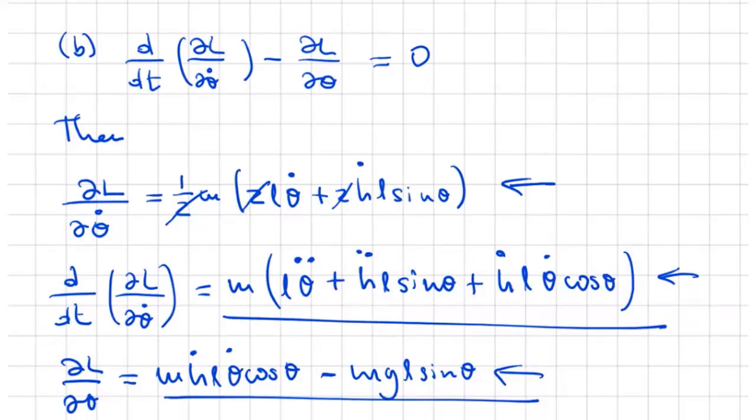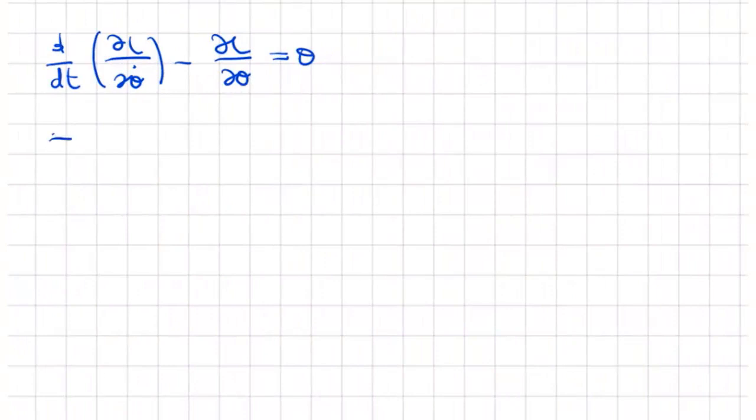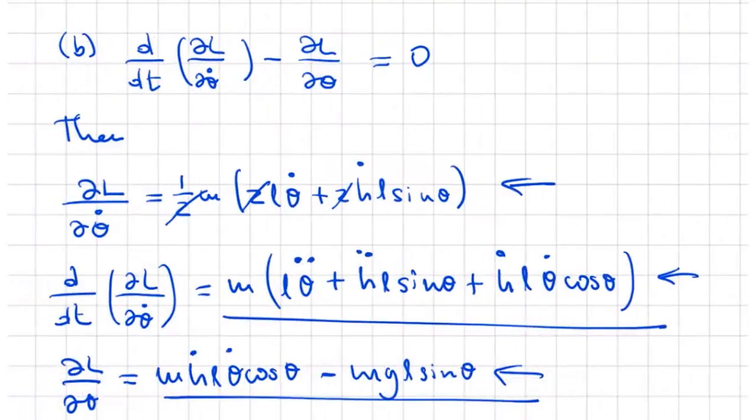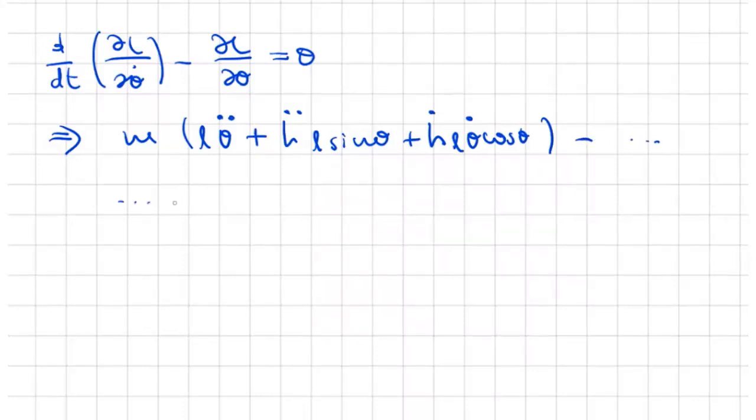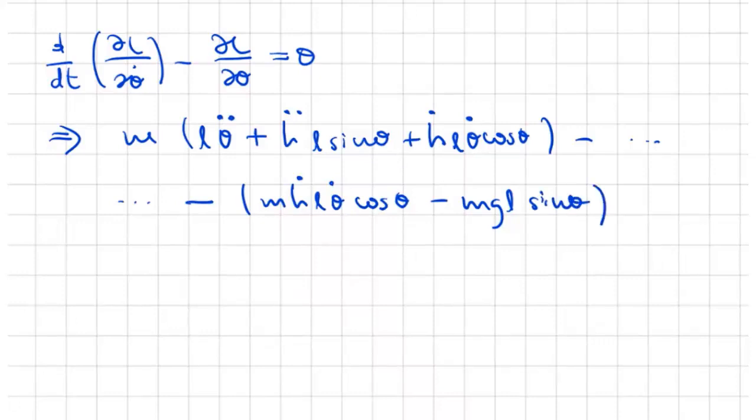And I will have m, L² θ double dot plus h double dot L sine of theta plus m h dot L theta dot cosine of theta minus m h dot L theta dot cosine of theta minus m g l sine of theta. Okay, this is equal to 0.